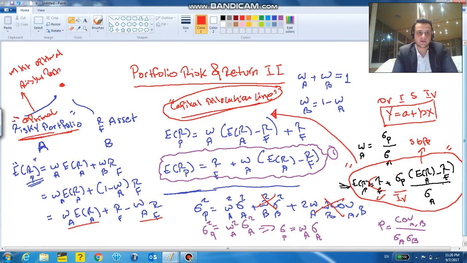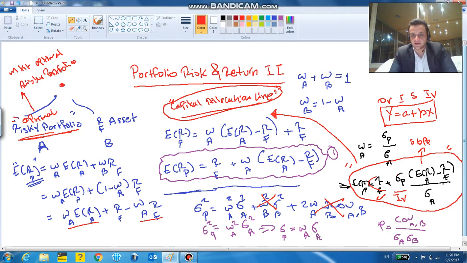Okay, and we do the same steps, in order to derive the linear equation that combines the market optimal risky portfolio with a risk-free asset, we do the exact same steps.